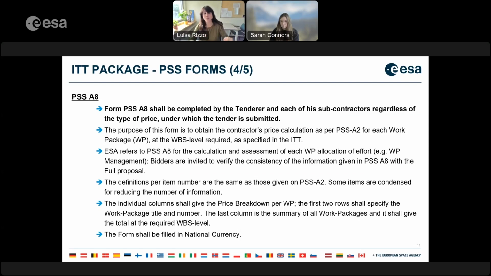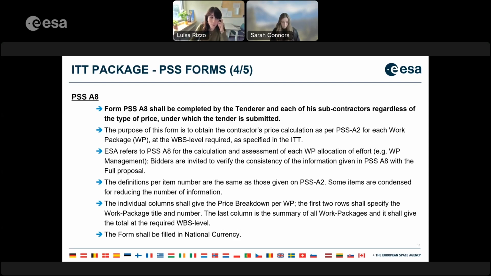This is perhaps the most complex of the PSS forms, but again, it is very, very useful for ESA to understand the whole cost and the whole price claim for the project. And thanks to the PSS A8, ESA makes one of the basic calculations and assessments of the proposal.